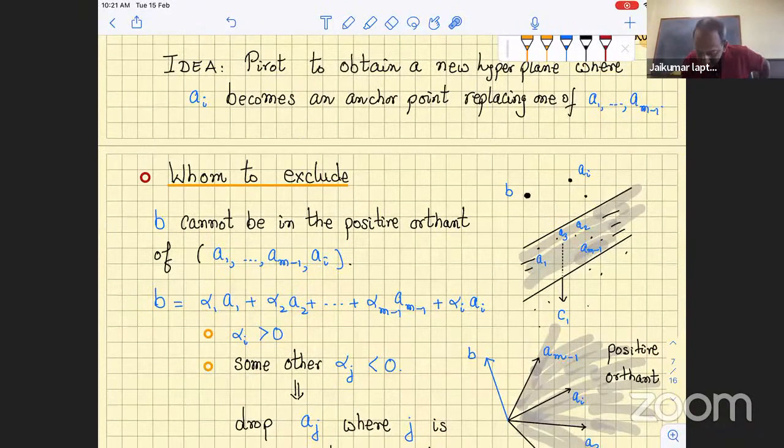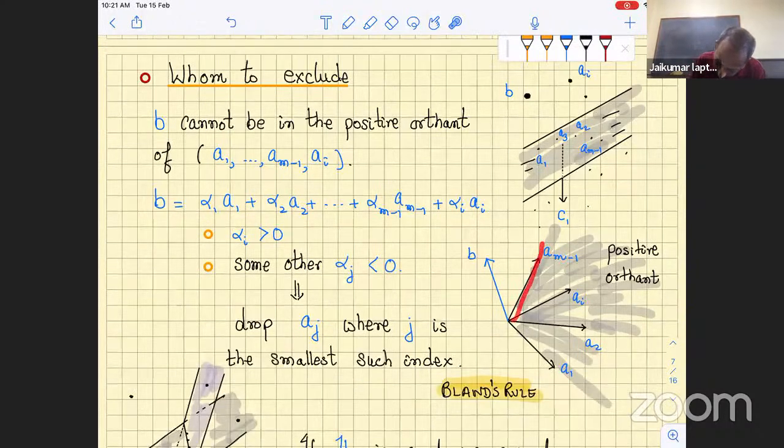Look at all these A_1 to A_m. So right now, not A_1 to A_m, A_1, A_2, ..., A_{m-1}, these were already in the old hyperplane. Is that clear? And now we have added this A_i also to it. So they form a basis for the current space.